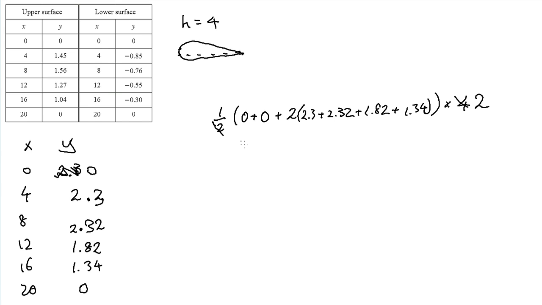You get 7.78 times 2. And outside that, you have another times 2. This 2 is this 2, by the way. And so the total area is 31.12, which is 31.1 in 3 SF.